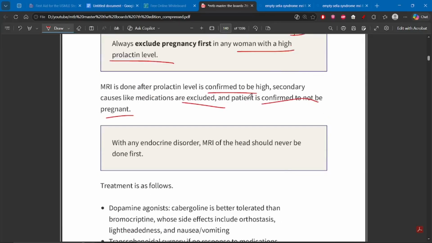Then confirm that the patient is not pregnant. Only then will you move to MRI. You will not move to MRI unless all of these conditions are satisfied. They can design a question on any one of these points.